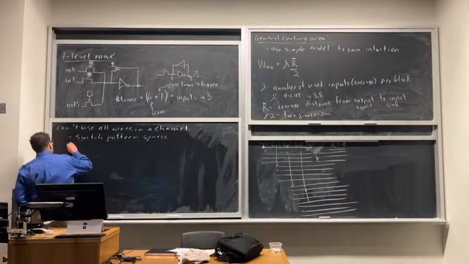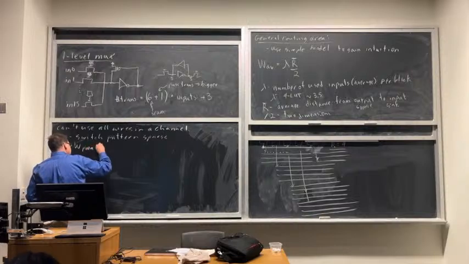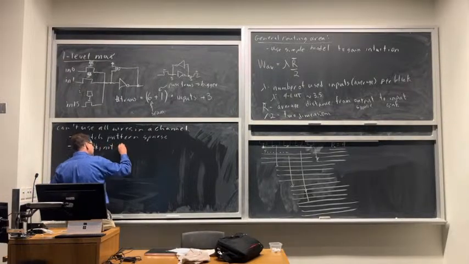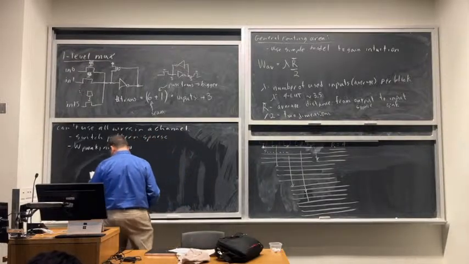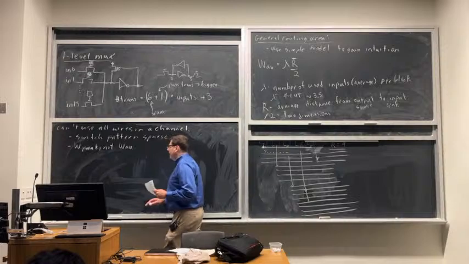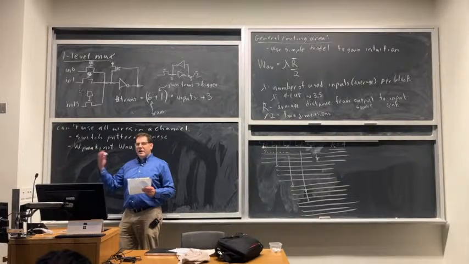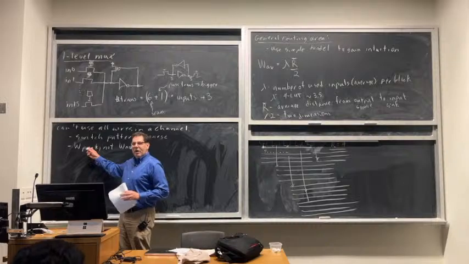So we need W peak, not W average. I guess there are 2 reasons. There's going to be some variation in routing demand across the circuit. So we want to find the peak because that's going to cause us the most problems.